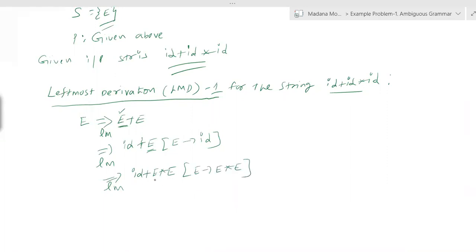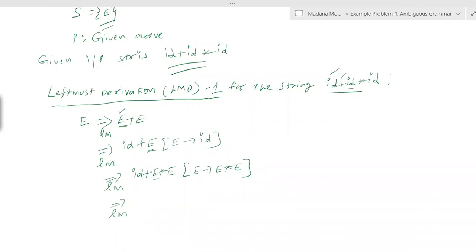Now you can see again here we have two variables. We are applying leftmost derivation. What you have to do? The leftmost variable is replaced by its corresponding production. Which production do you need to substitute now? See the given string. The first symbol is id. The second symbol is plus. Then we got id plus. Then what is the third one?